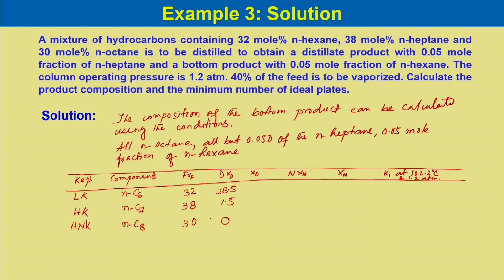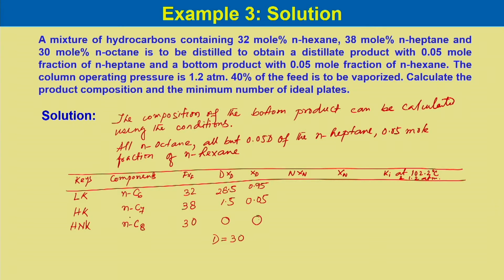So, its composition in the distillate would be 0, and we know D is equal to 30. Now, XD is 0.95 for NC6, for the heavy key, that is NC7, it is 0.05, and this would be 0.